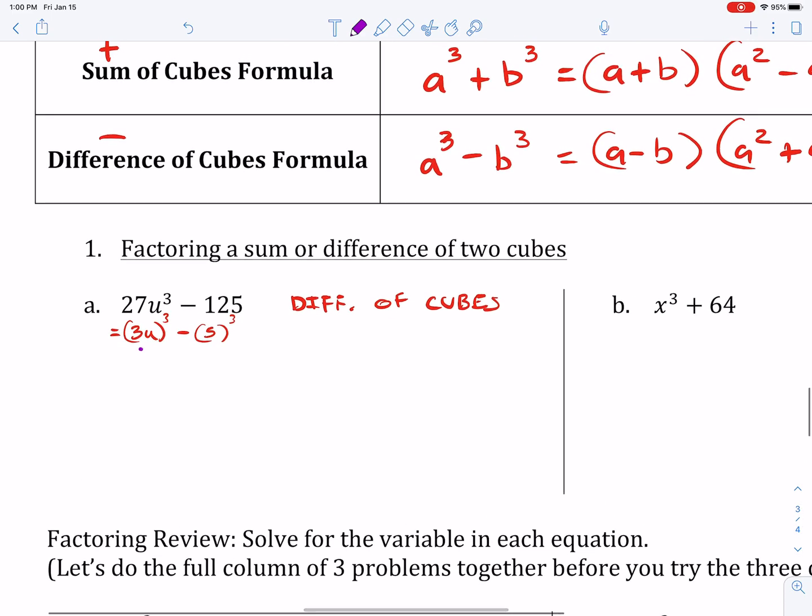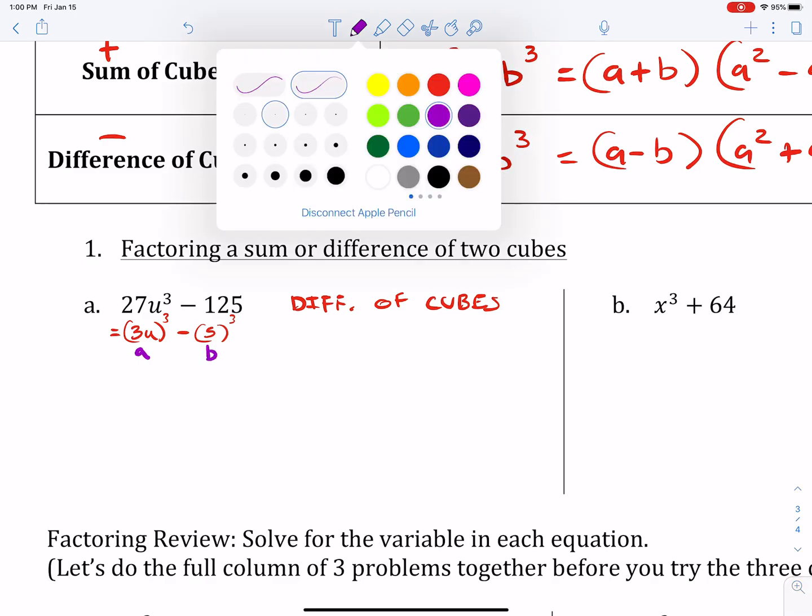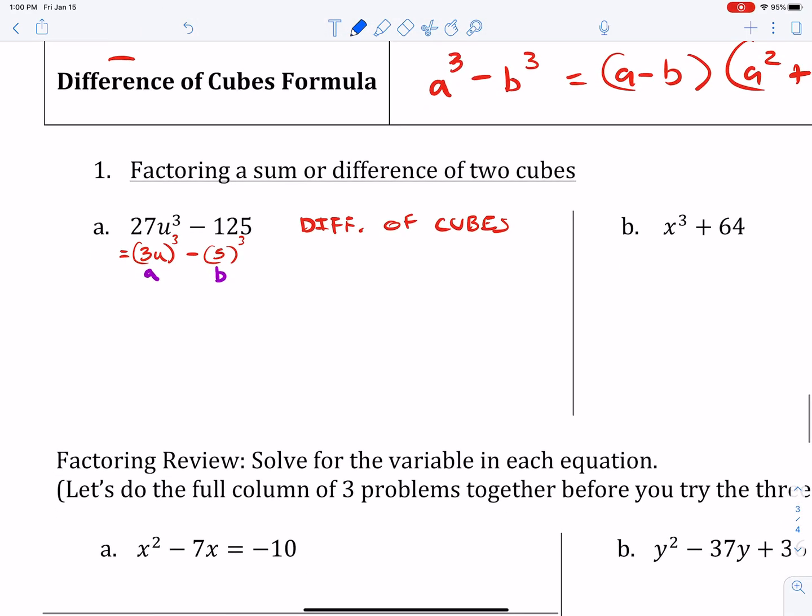This is going to be my A, and this is going to be my B, okay? So let's do that. I'll do it in a different color to separate the steps. So it's A cubed plus B cubed, but I'm doing the difference of cubes, so it's going to be A cubed minus B cubed. Well, my A is 3u minus, what's my b? 5.